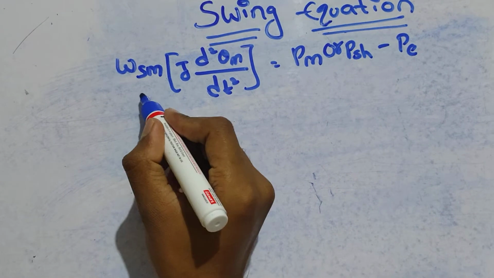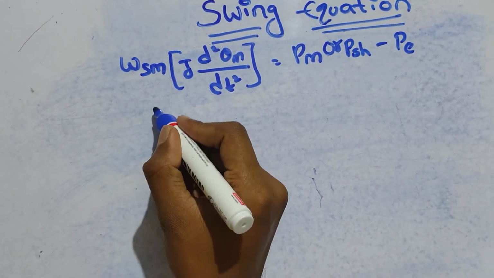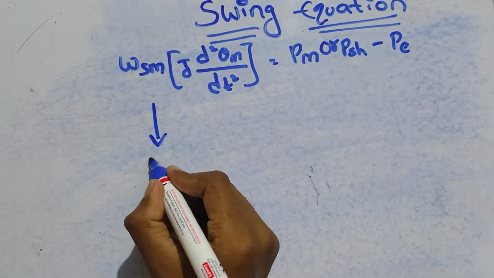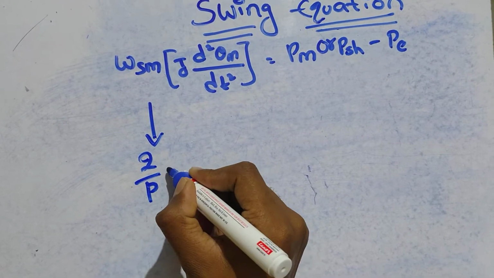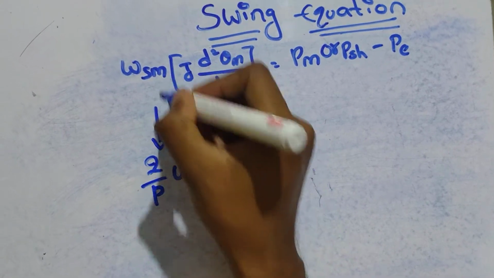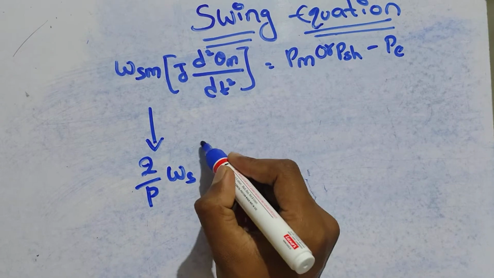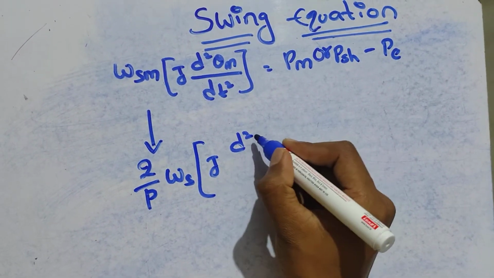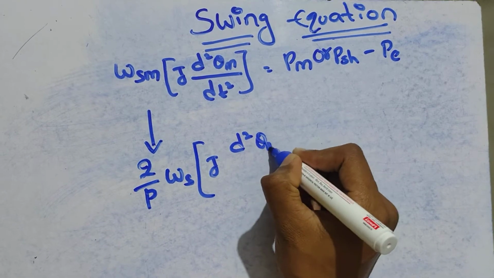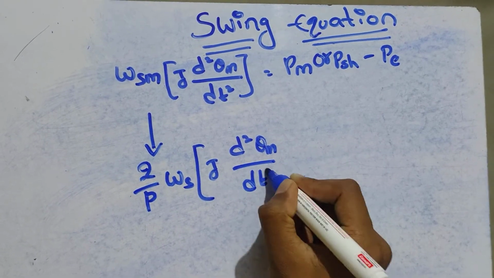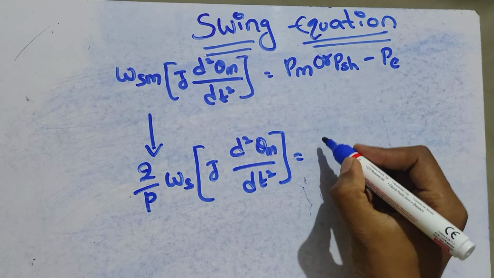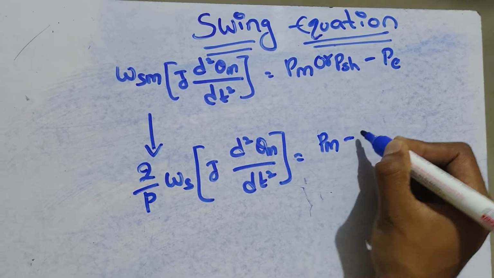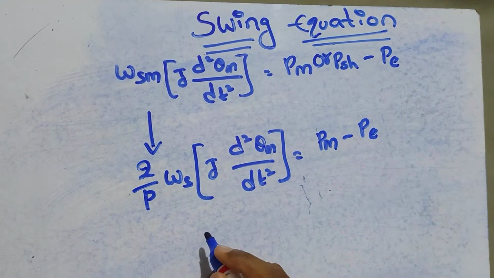Okay, now this omega Sm is written as 2 by P omega S. So J d square theta M by dt square is equal to mechanical power minus electrical power.